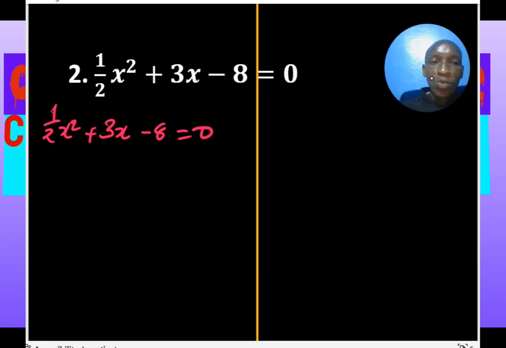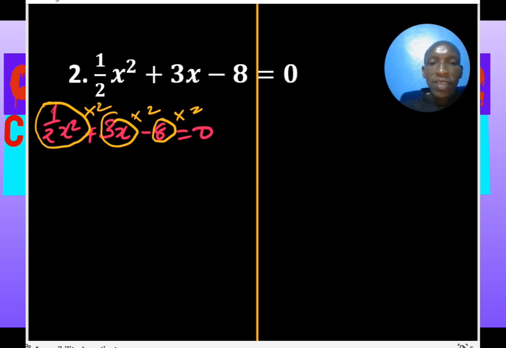Multiply every term by 2, the first term, the next term, and then the last term also. This gives you x squared plus 6x minus 16 is equal to 0.